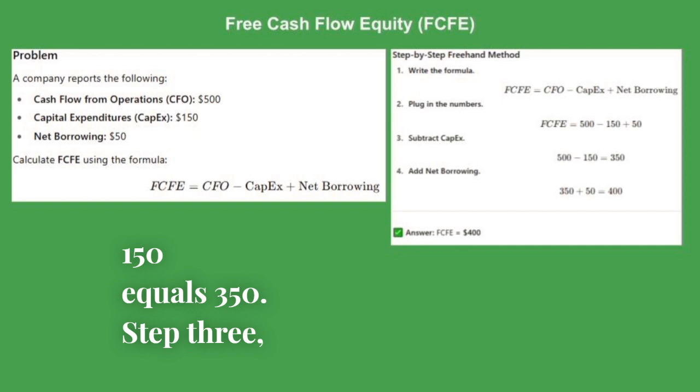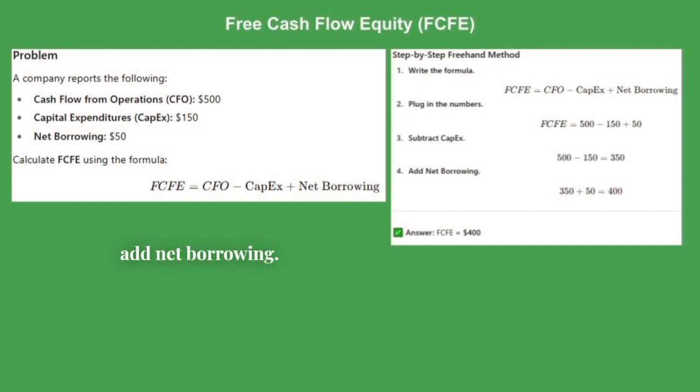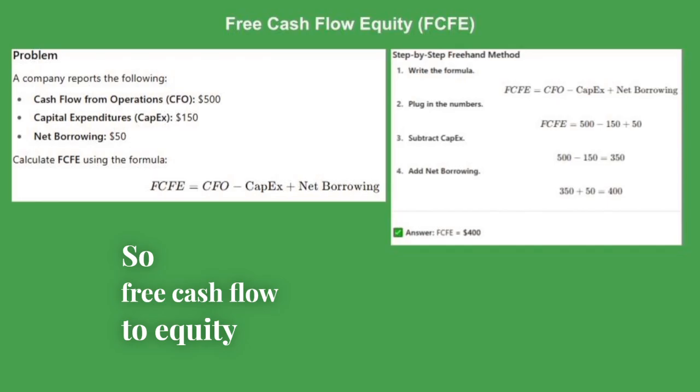Step 3, add net borrowing. 350 plus 50 equals 400. So free cash flow to equity equals 400.